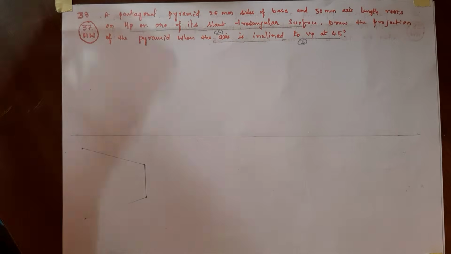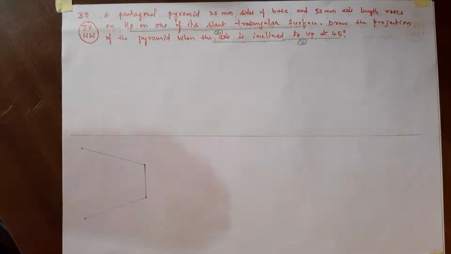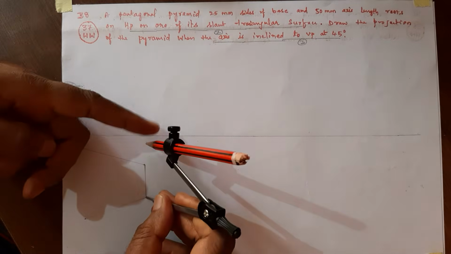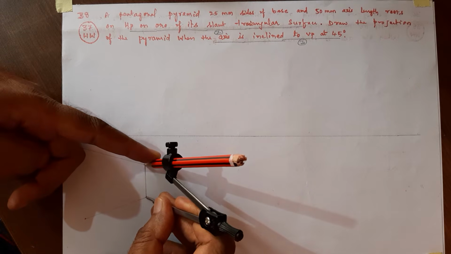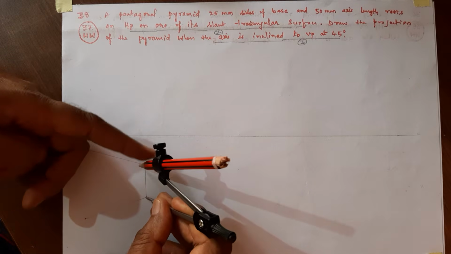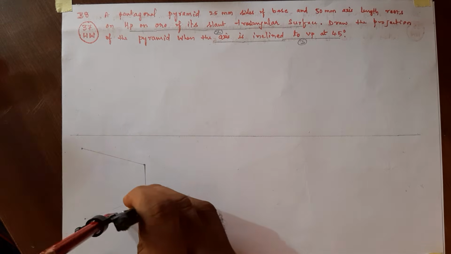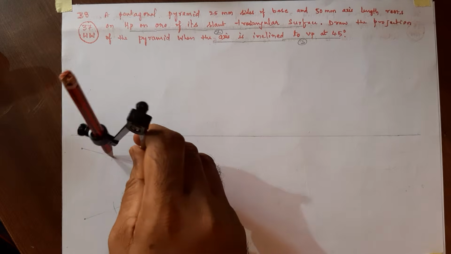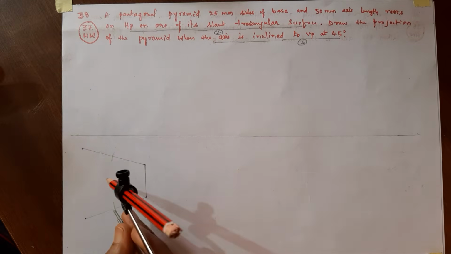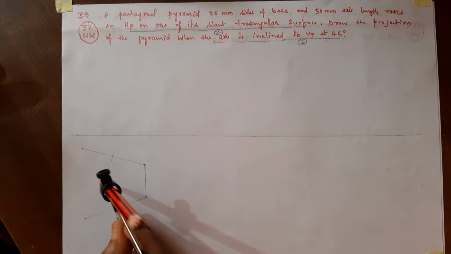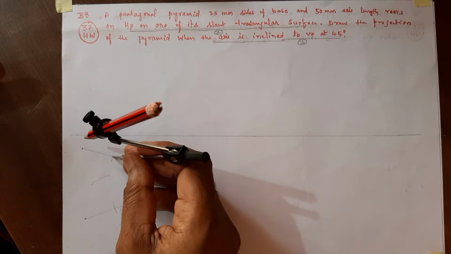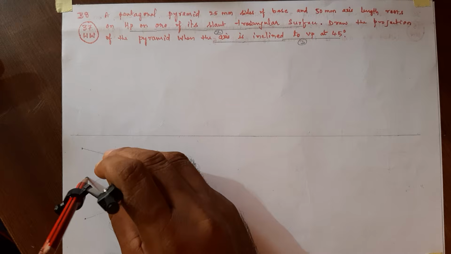Then take a compass, measure 25 mm. Now this is 25 mm. Okay, now cut these 2 lines. Similarly, keeping the compass at this point, draw an arc, and keeping the compass at this point, cut the previous arc.